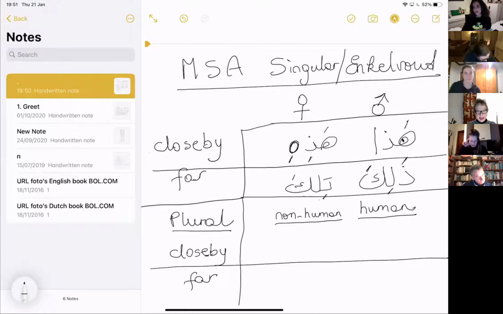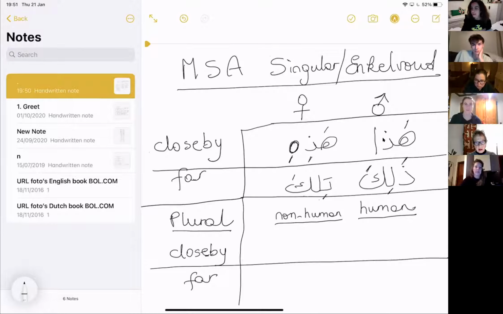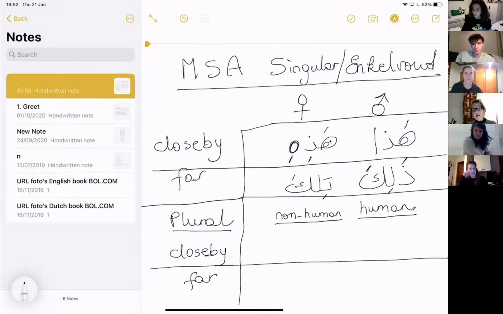Okay, so let's review. What can you read that one? هذا. Say this book. هذا الكتاب. What is this? هذه. How do you say this girl? هذه البنت. Bravo.